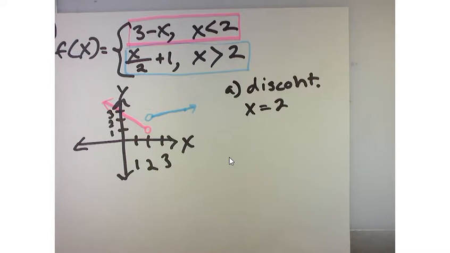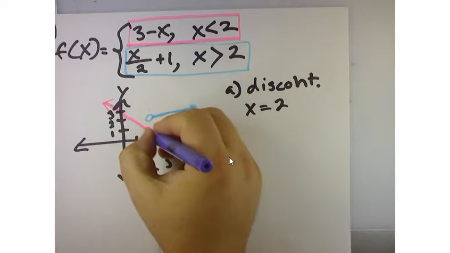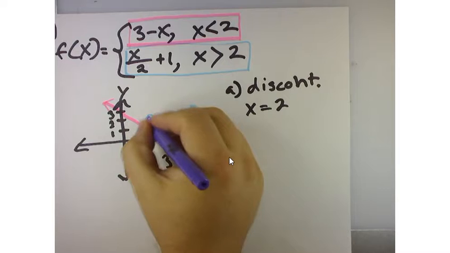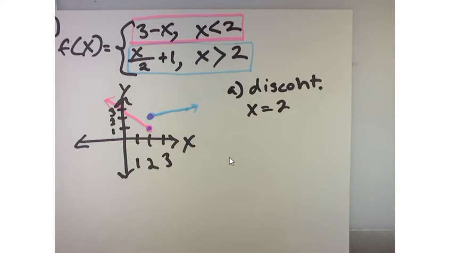So, since it's discontinuous, is it removable? Well, a removable discontinuity is where you can plug the holes. No. If I plug this hole, is the curve continuous? No. If I were to plug both holes, is the curve continuous? No, it's still a jump discontinuity.